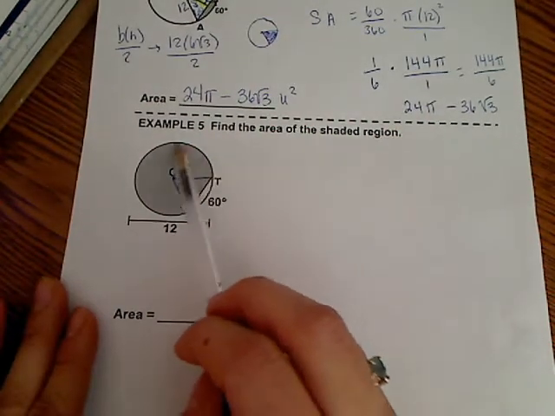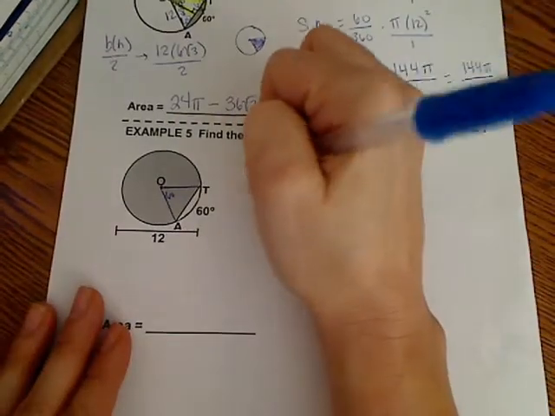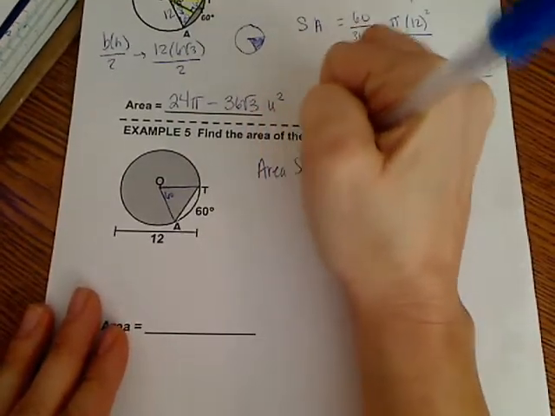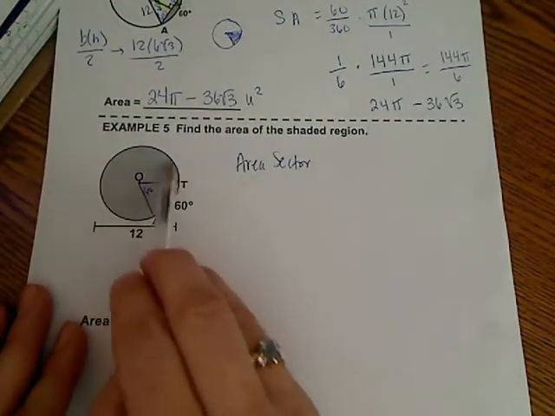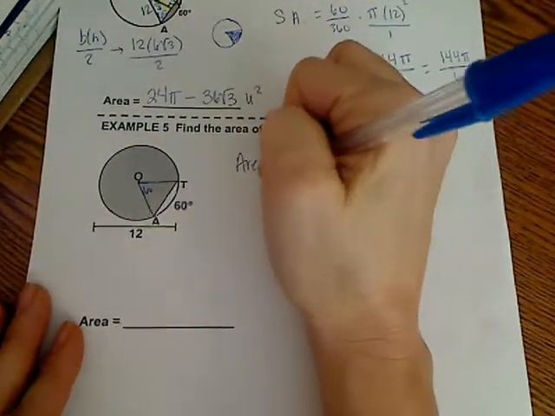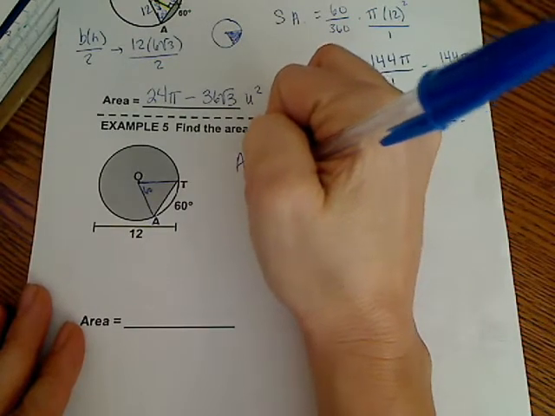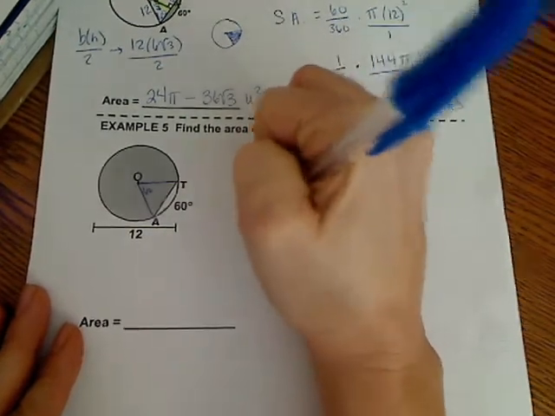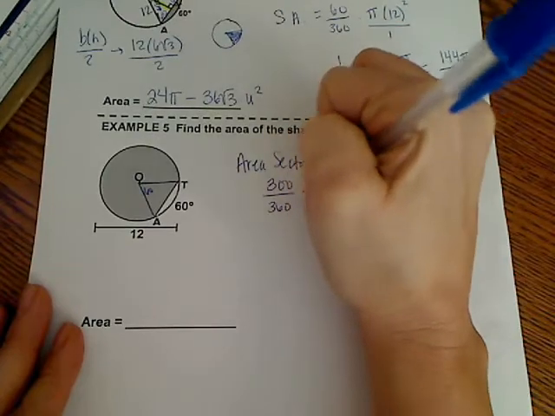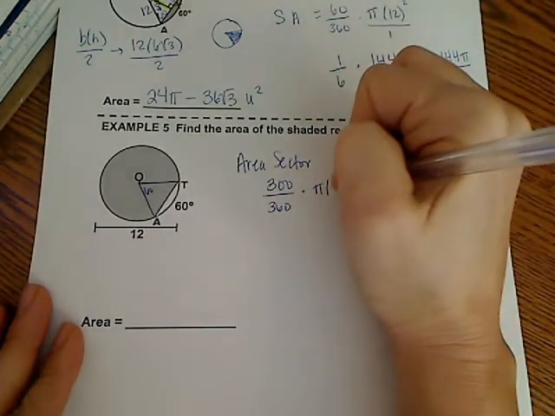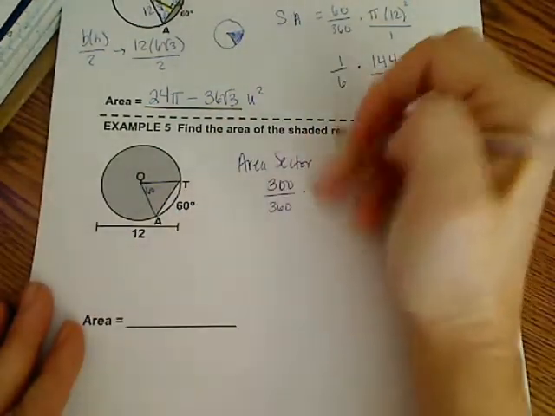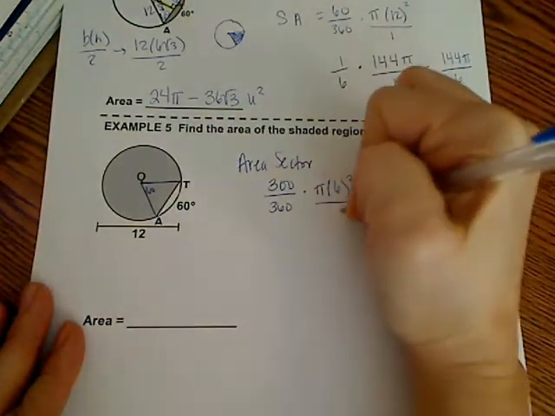So the area of the sector, what's this degree on the outside going to be? Okay, so we got 300 over 360 times pi r squared, and my radius is going to be what? If my diameter is 12, yeah, my radius is going to be 6.